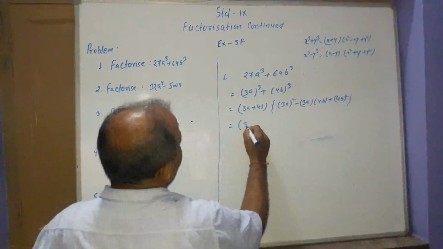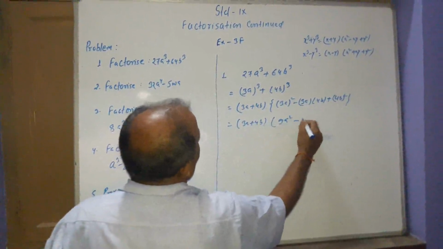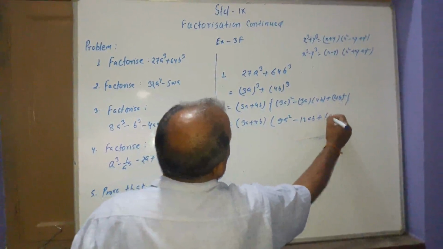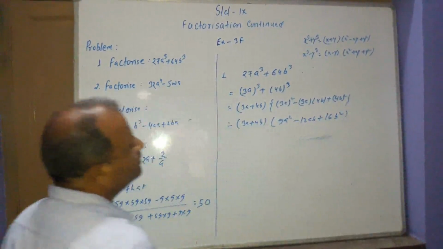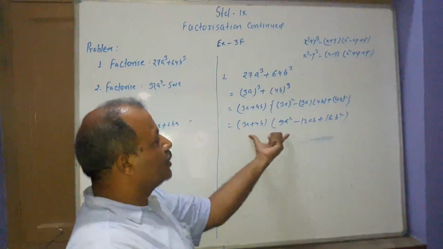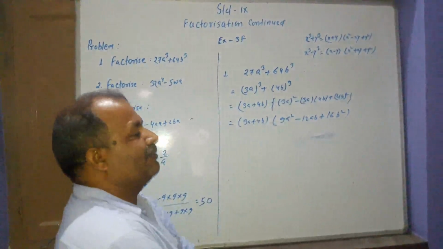This will give (3a plus 4b) into (9a square minus 12ab plus 16b square). On factorizing this expression, we get the two factors. This is the factorized form of this expression.